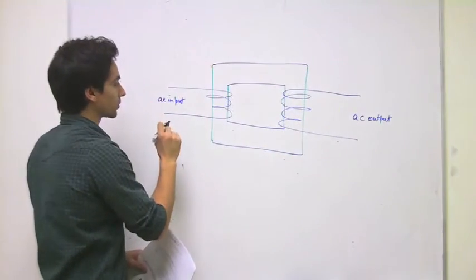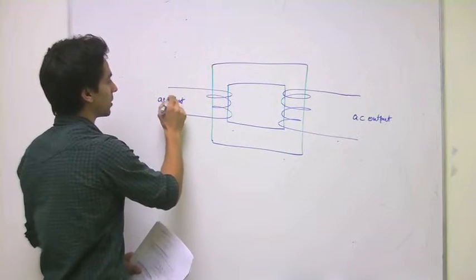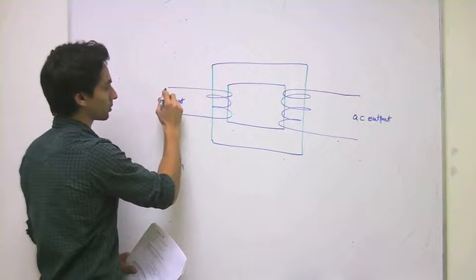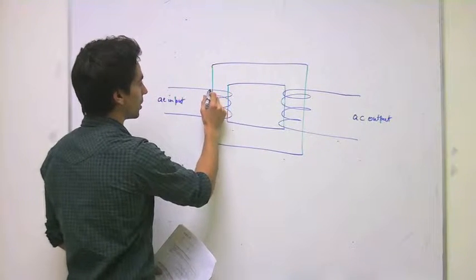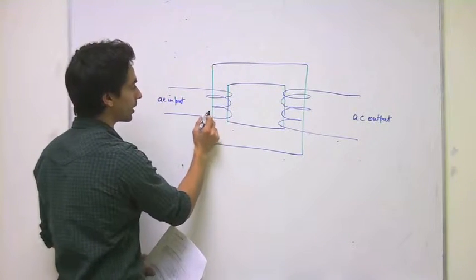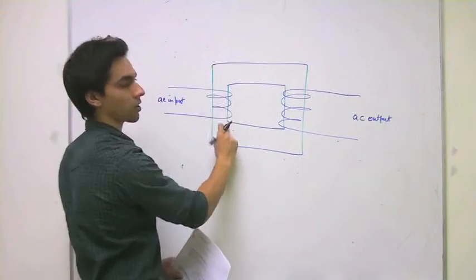So what happens is basically when there is an AC input, there will be a current flowing through this coil which is wrapped around the soft iron core.